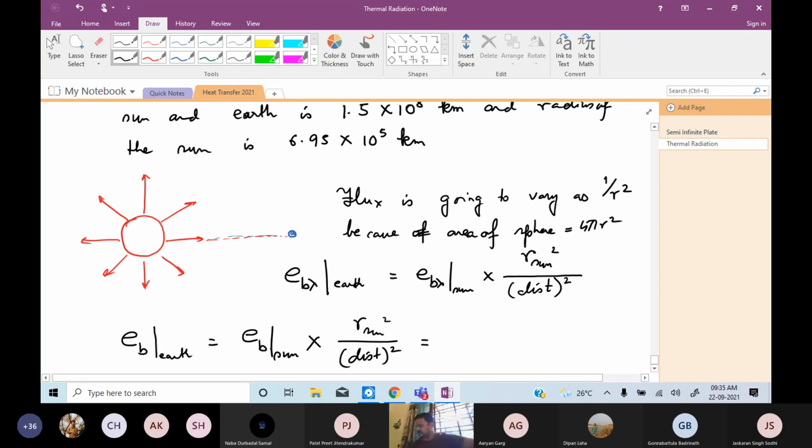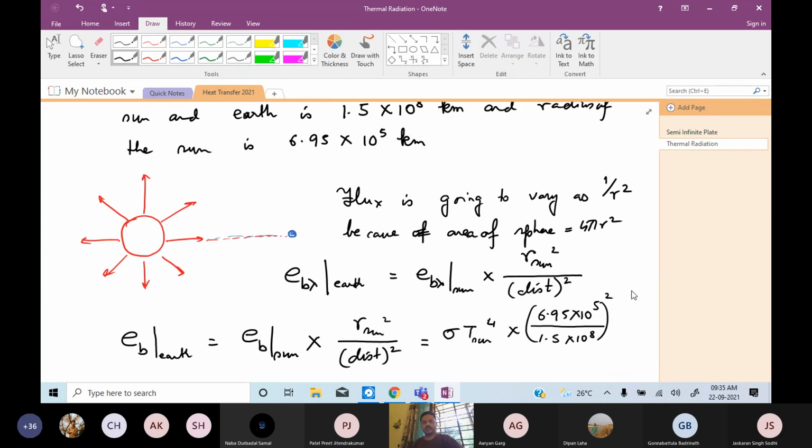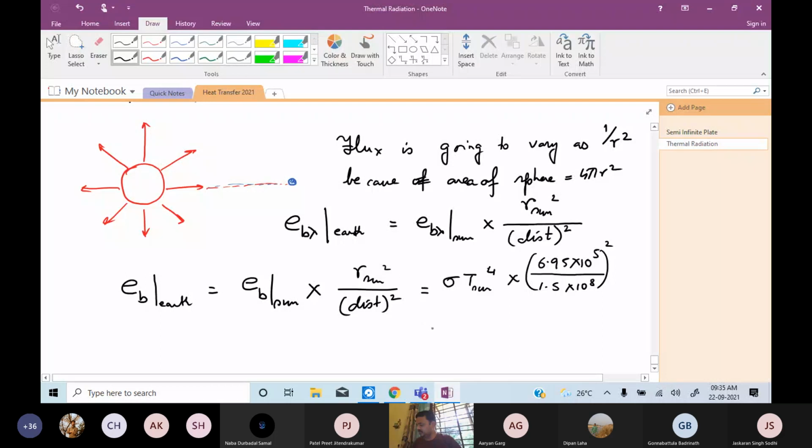So the sun's temperature was given to you. So sigma T sun to the power 4 times... So this turns out to be 1365 watt per meter squared.